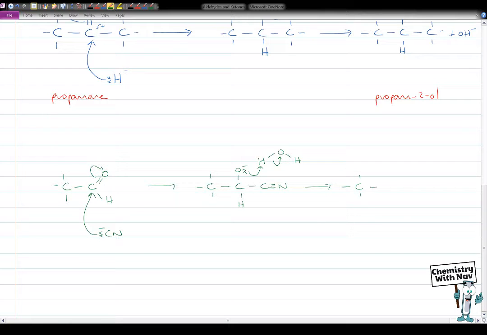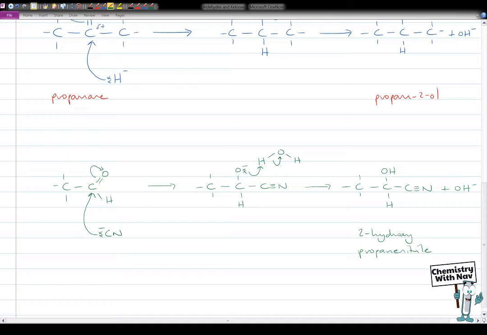There's my original CH3 group. I now have an OH and a C triple bond N, and don't forget your OH minus ion to make everything balance. So now I've got a hydroxy group at position 2, and because there are 3 carbons, that's called propane nitrile.